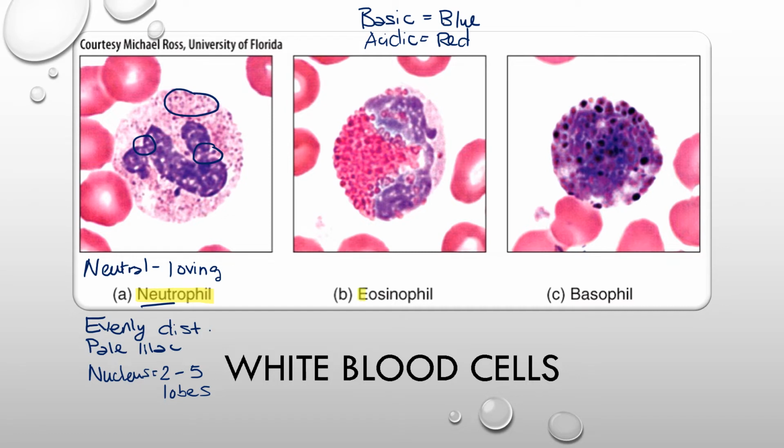Next, we have the eosinophil in the middle. Now these have very large, uniformly sized granules, and these granules are eosin loving. Eosin is the red-orange acidic dye. So eosin is acidic, and so it's going to stain red. You can see these are a lot more reddish granules than either the neutrophil or the basophil.